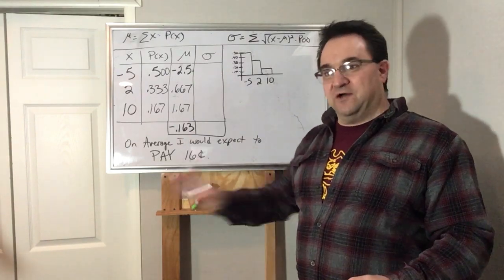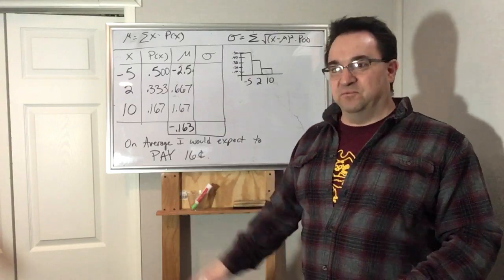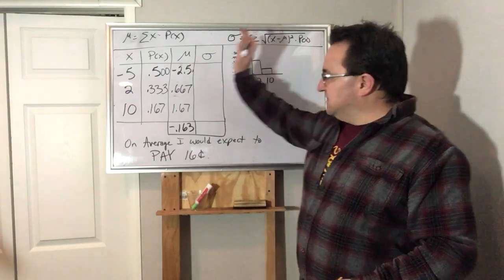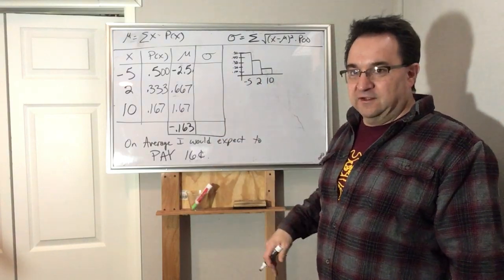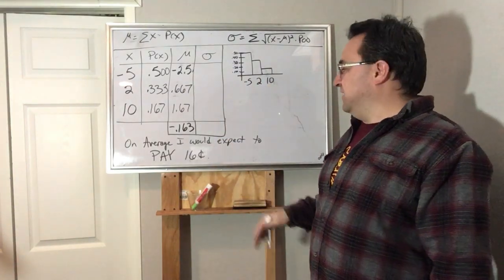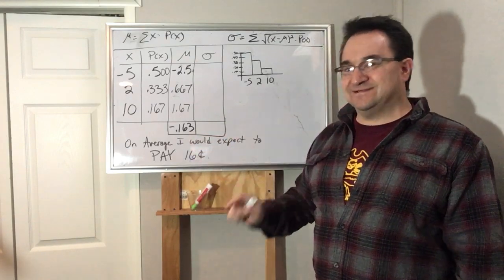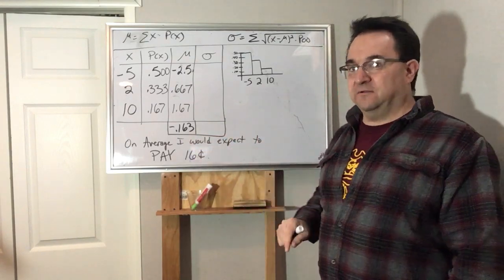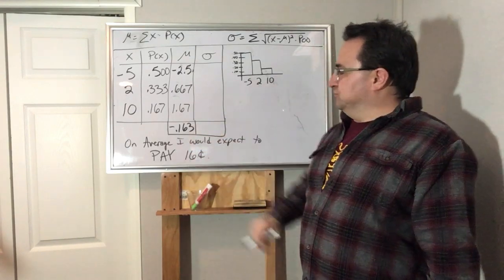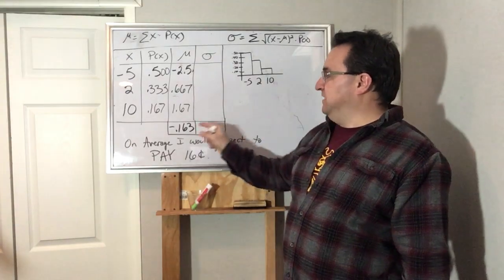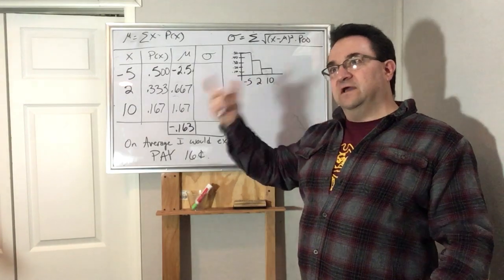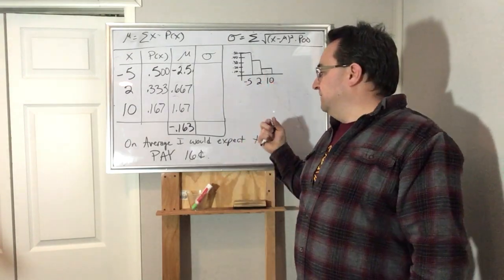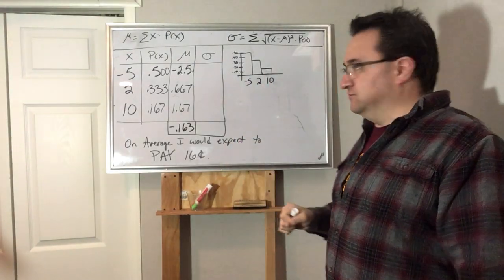It's set up for the house to win and for you to lose if you play often enough. So this is saying if I play it over and over again, on average, I can expect to lose 16 cents every time I play. Okay, so that's the interpretation, and that is why people care about finding the mean, because it has a real life applicable interpretation that we can use.